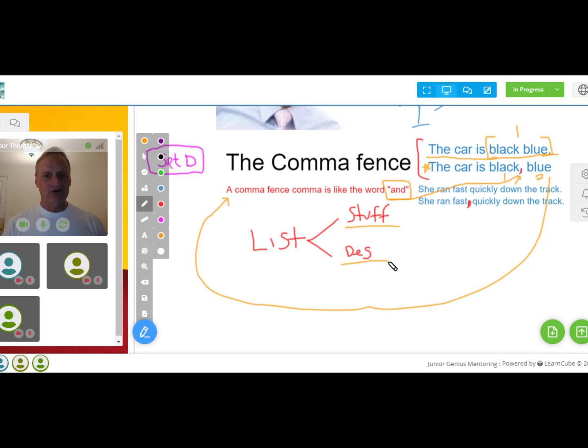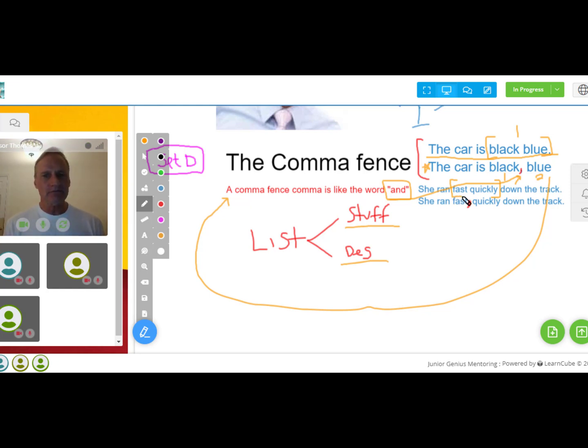The other thing could be some type of descriptive words, and I just wrote this out really fast. She ran fast, quickly down the track. If fast and quickly are next to each other, that's just one way of describing. It's fast and quick. Maybe she's twitchy.